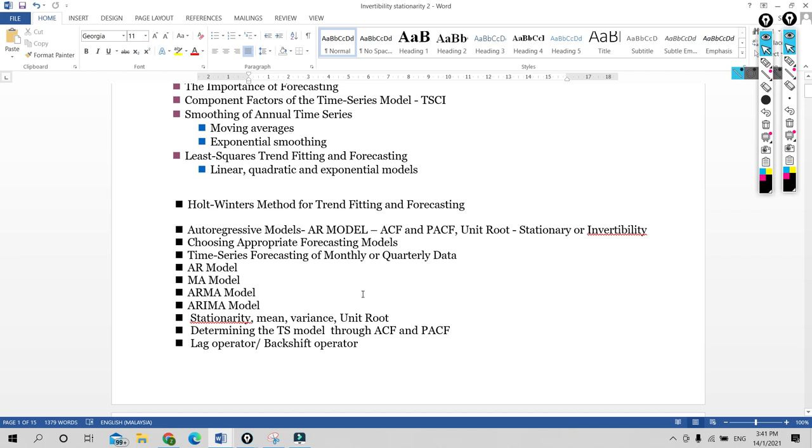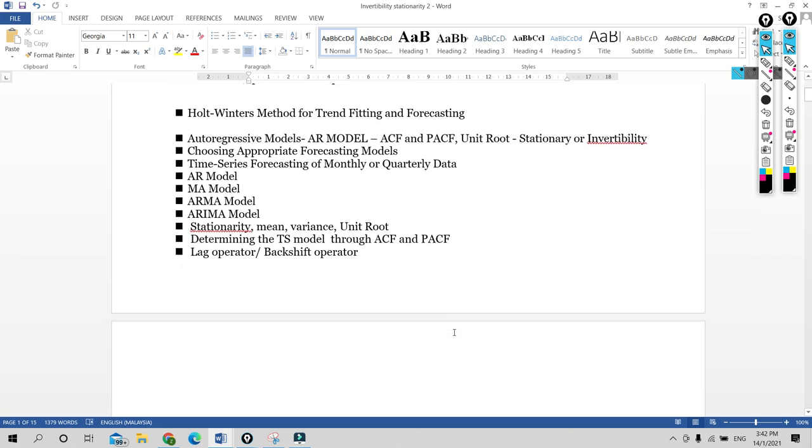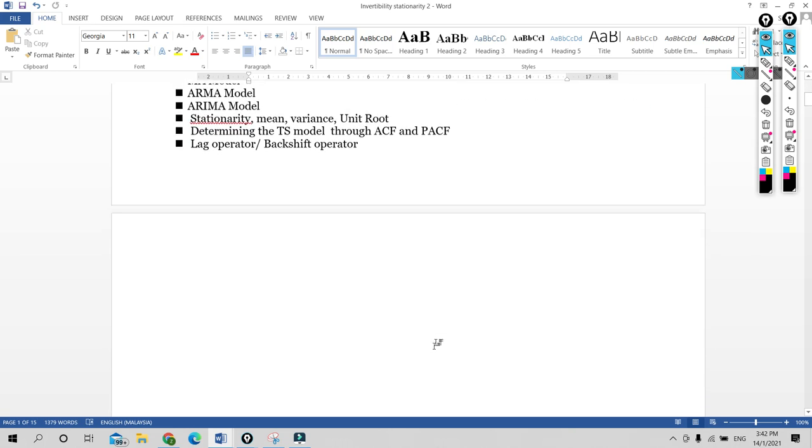Then we want to decide on the model using ACF and PACF. And you have to know how to determine stationarity and invertibility using the unit roots we discussed just now. The last one is differencing.